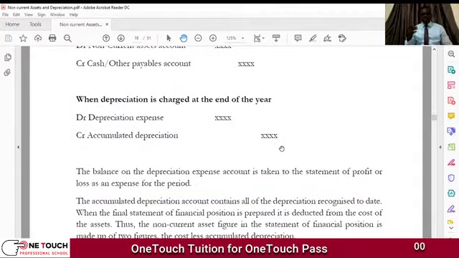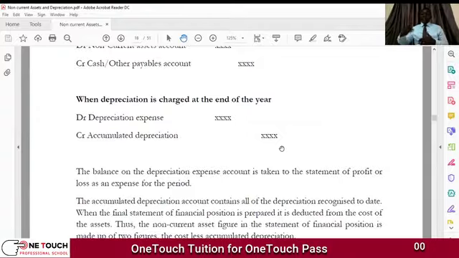Now, at the end of the year, when we charge depreciation, depreciation is an expense, and we know that expenses have debit balances. So we debit the depreciation expense account and credit the accumulated depreciation account. That account is to account for the depreciation that we charge on the asset over time.